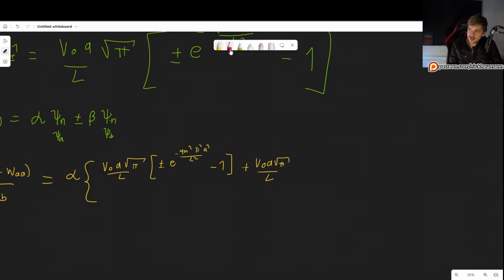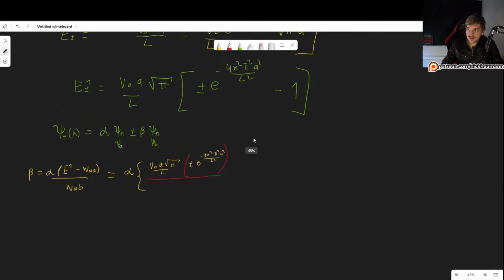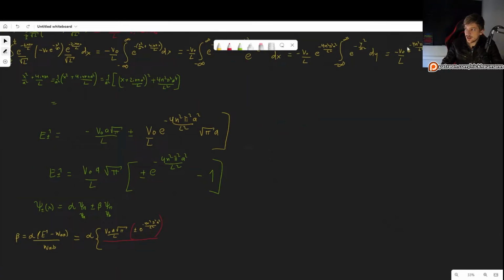So this cancels out with the minus 1. This and this cancel out. So this goes away, and we're left with only this part. So this product. And then we divide this by WAB, and WAB is that thing right there.